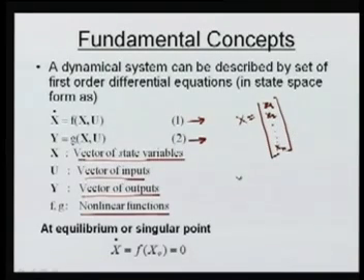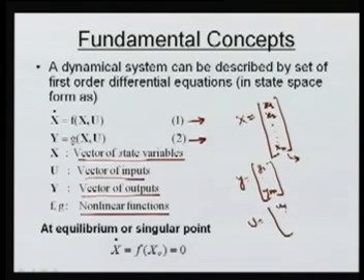Similarly y is another vector, y1 to ym, where m is the number of outputs and n is the number of states. Similarly u can be u1 to uk. So this is your state vector, this is your output vector, this is your input vector.